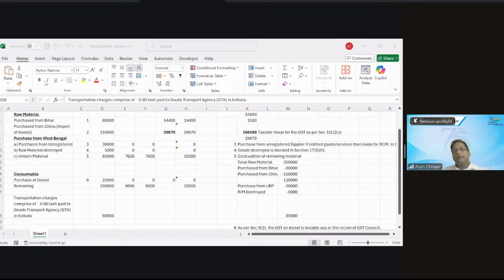Can we say that under RCM, the registered person needs to pay the tax always as CGST, SGST? Can we say that under RCM, the tax will always be CGST and SGST? Always?